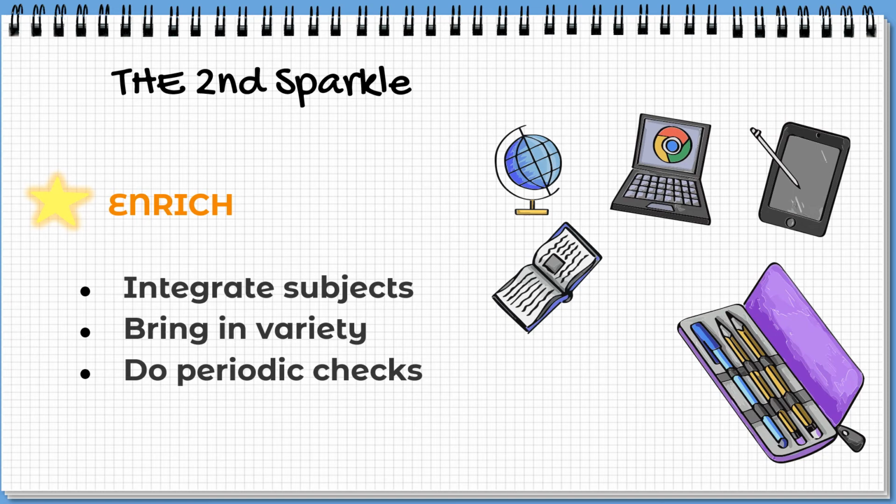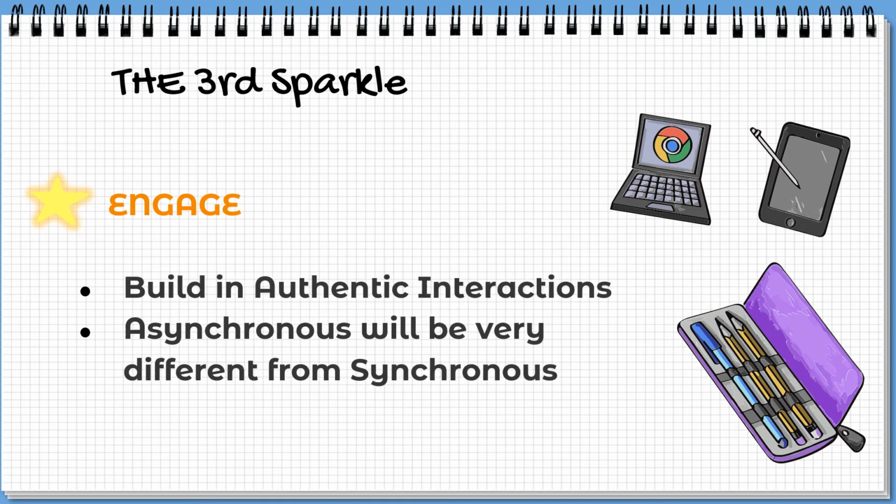Keep doing that temperature check. That is really important. Otherwise, you will lose them and you would have moved to the next topic and your children would not have got what they are to learn. As in in-person teaching, same thing for online teaching. Integrate your subjects, bring in variety, and do periodic checks.